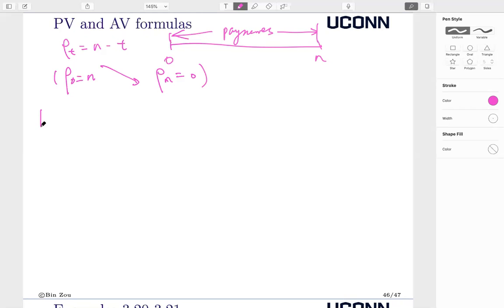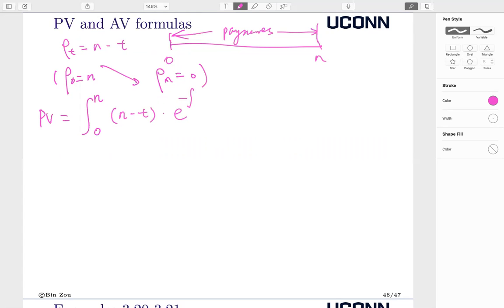So how do we calculate present value? Integral from the beginning of this payment, which is 0, to the ending point of this annuity, which is n, the rate of payment, n minus t. Because I'm calculating the present value, it will be exponential of negative.